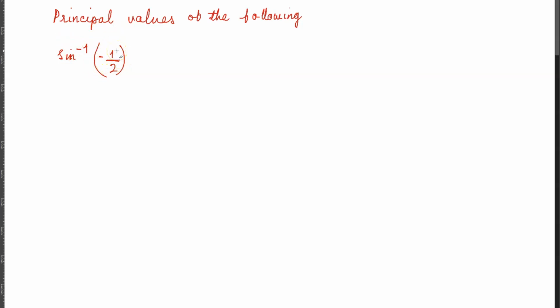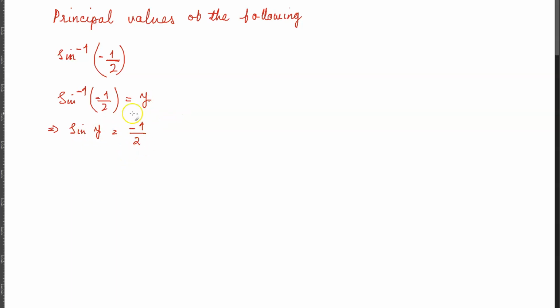The way that I would naturally solve this problem is that I would, first of all, write this as, for example, the sine inverse of negative 1 by 2 is equal to some value like y, and it's going to be some angle, right? Now, so what this means is that the sine of y is equal to negative 1 by 2, right? The sine of y is equal to negative 1 by 2.